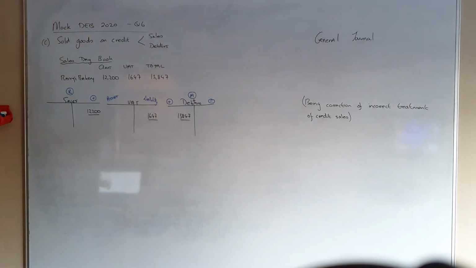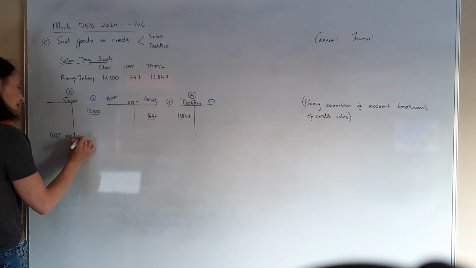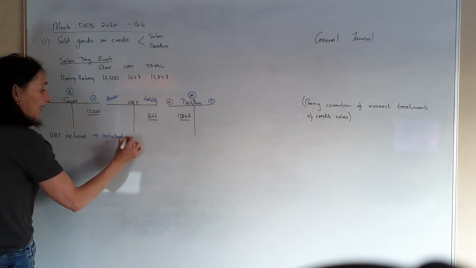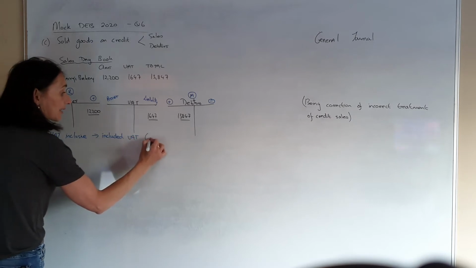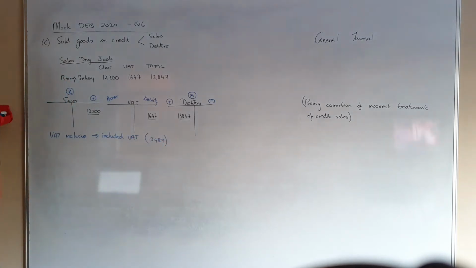So let's read through it. The only entries in the accounts were the VAT inclusive figure. So just make sure that you understand what that means. VAT inclusive means that you have included VAT. Now the figure that includes VAT is 13,487. Now that figure was entered on the debit side of the equipment.